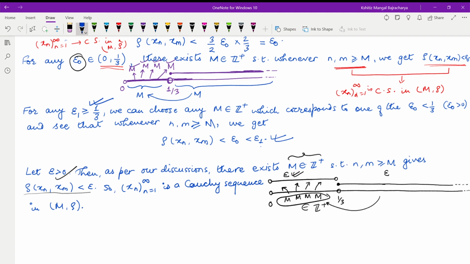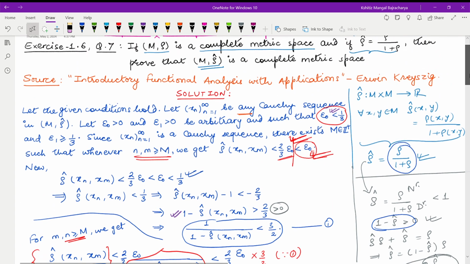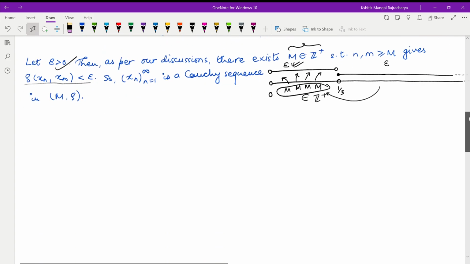Initially we had taken this to be a Cauchy sequence in M rho hat, but we have shown that this is a Cauchy sequence in M rho.